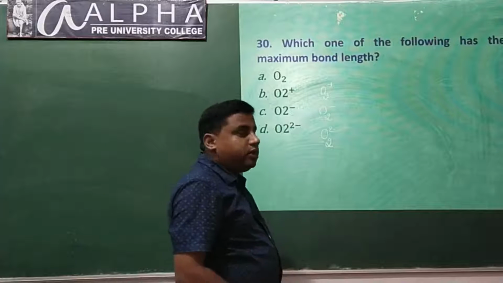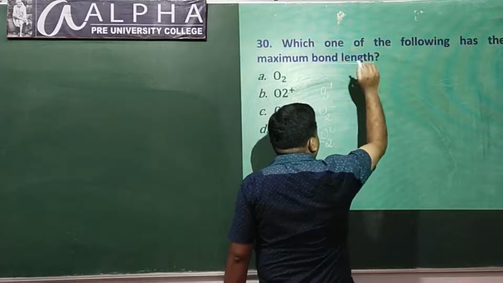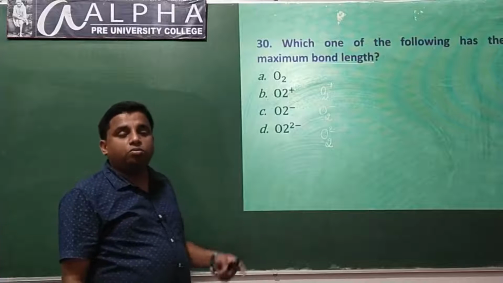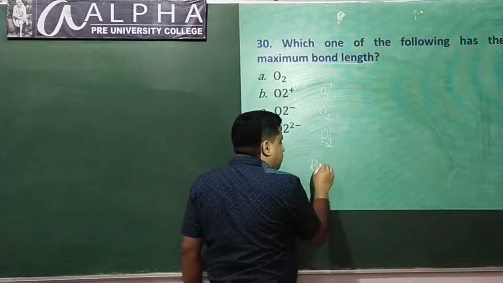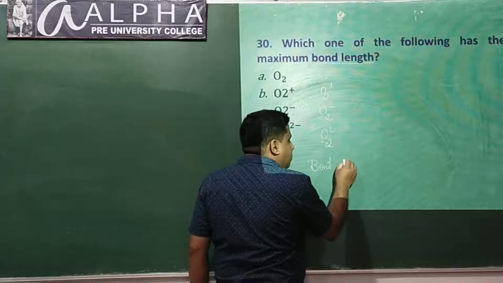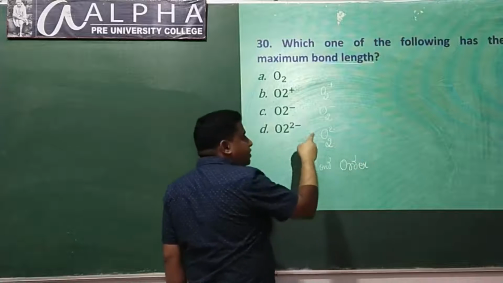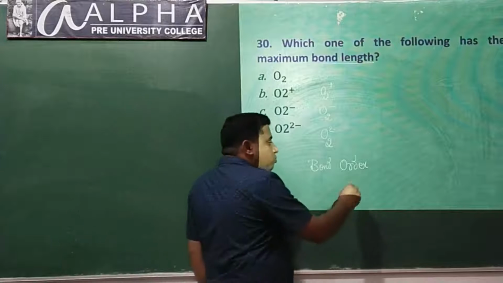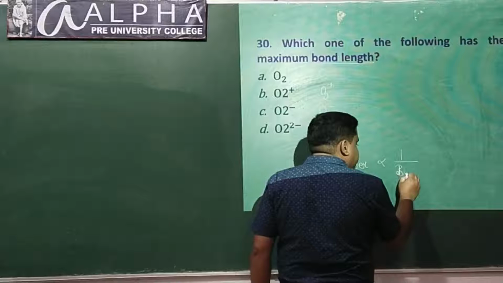If you want to comment on bond length, you should know about bond order. You should calculate the bond order of these species because bond order is inversely proportional to bond length.